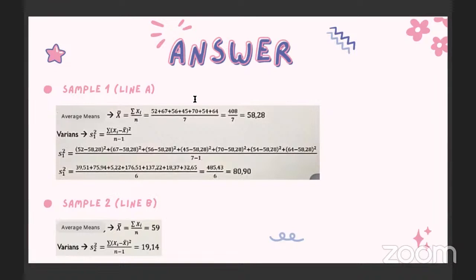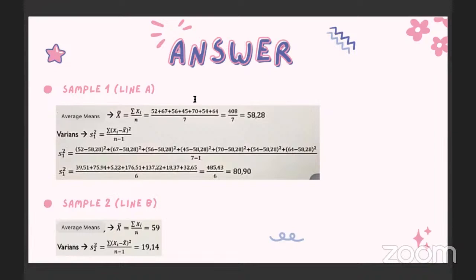Get the result: 39.51 plus 75.94 plus 5.22 plus 176.51 plus 137.65 and so on, which is 485.43 divided by 6, is 80.90.